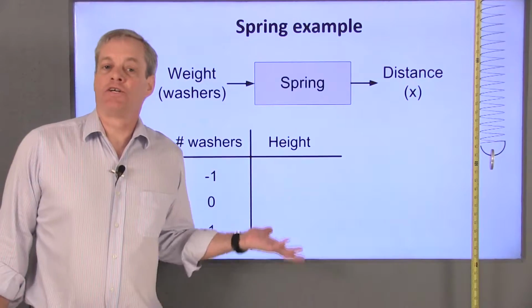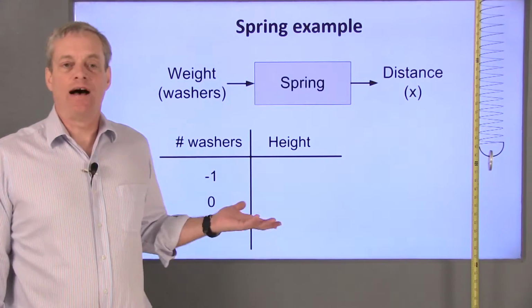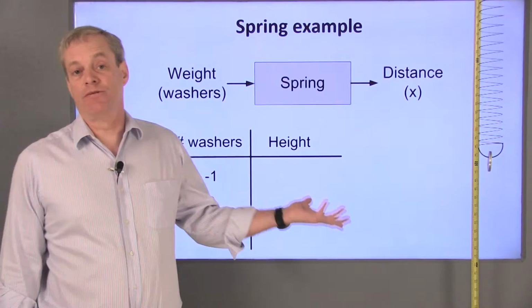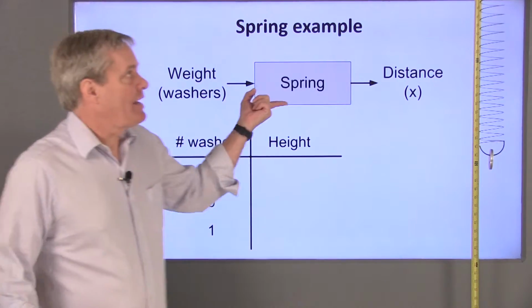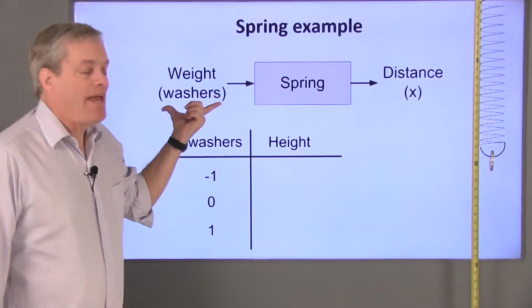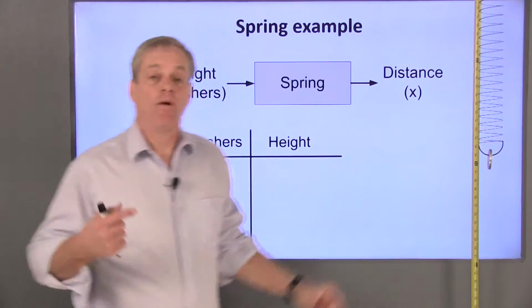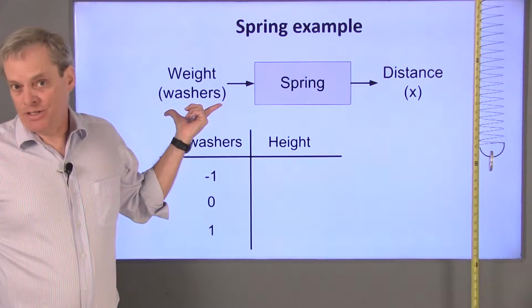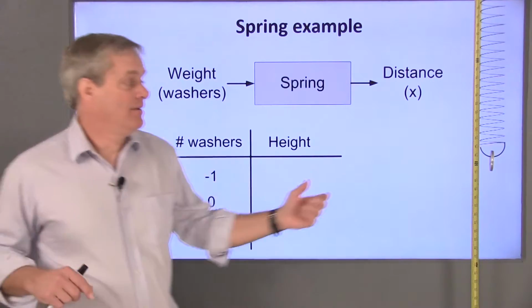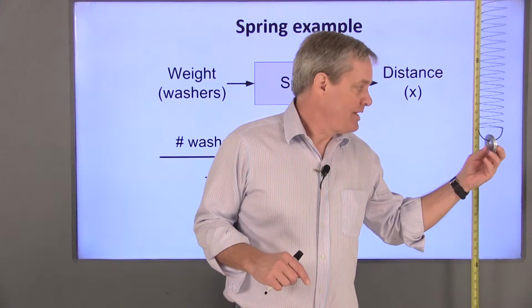Now let's revisit our spring demo from Chapter 0 to see how changing the operating point changes the model. In that demo, we had a spring attached to the ceiling, and we added washers to the spring and measured the corresponding displacements. We used 0 washers as our 0. We don't have to do that. I've now got 2 little washers on here.